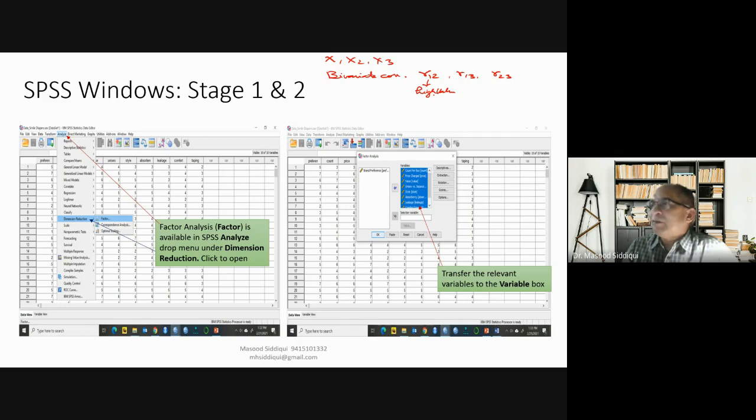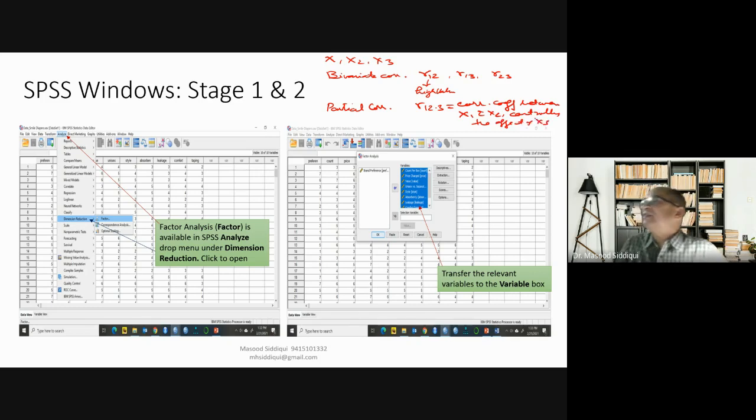But if we consider the other type of correlation, known as partial correlation, which is R12.3, it means the correlation coefficient between x1 and x2, controlling the effect of x3.